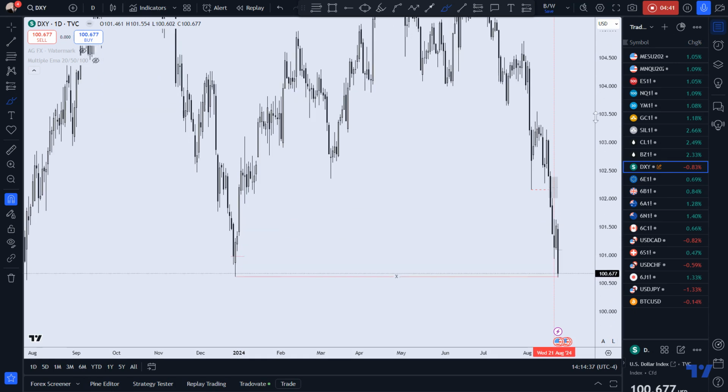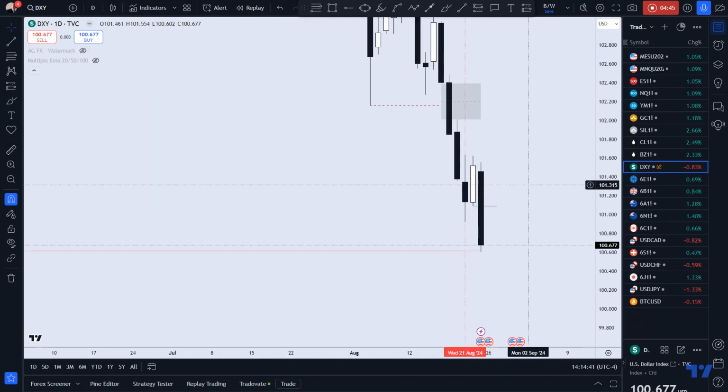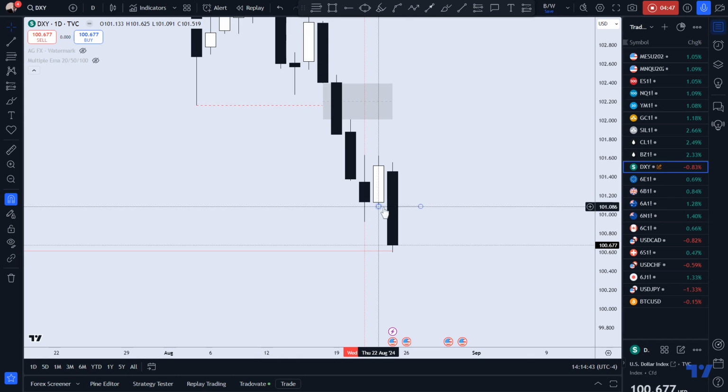If we go over here, you can see I have marked where I'm looking for price to come to. This is the invalidation point. This is 1, 2. We need that third candle to create a fair value gap, which would allow us to see that the order flow is still bearish.